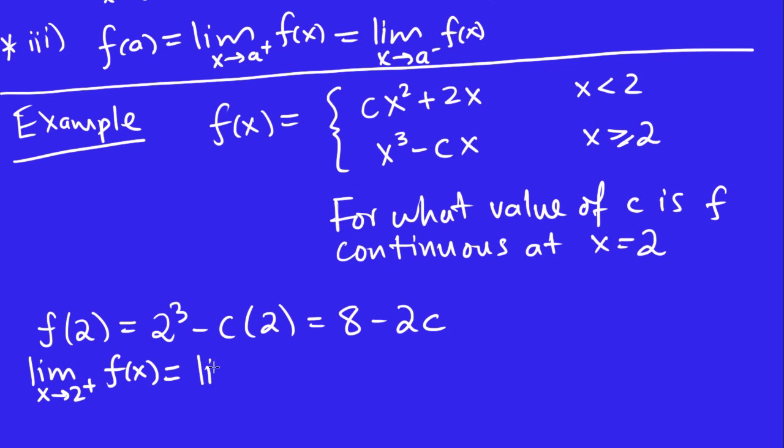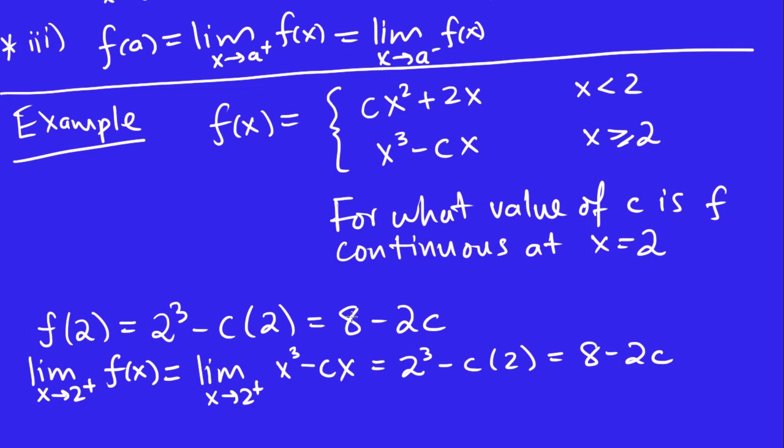So what I'm going to do is replace f of x by the formula that it really is for numbers x that are bigger than 2. And this is a limit of a polynomial, so I'm allowed to do the limit just by putting the number in. No big deal. That's the same as this one, isn't it? But the more interesting one comes next.